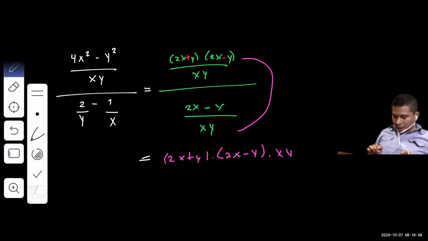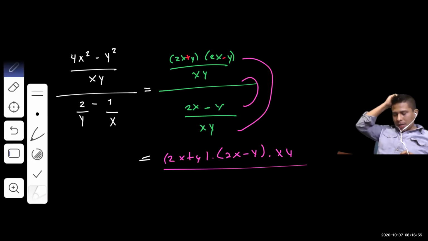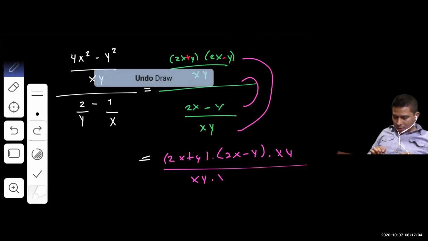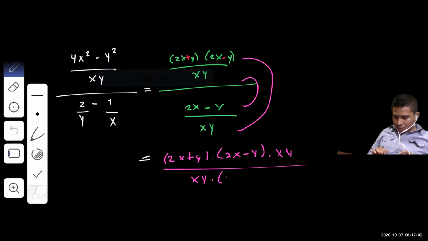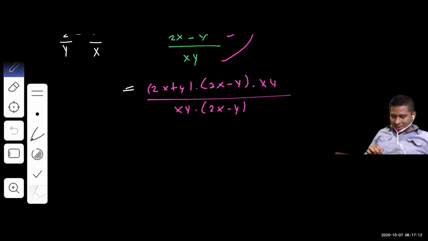Xy over, now the middle terms, this times this. What is that equal to? Xy times 2x minus y. Now we cancel xy and 2x minus y.